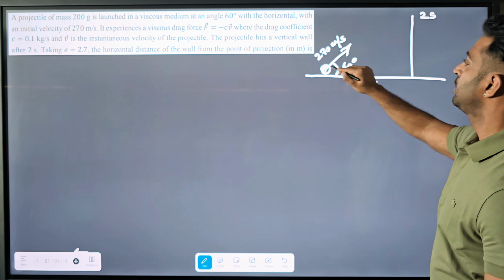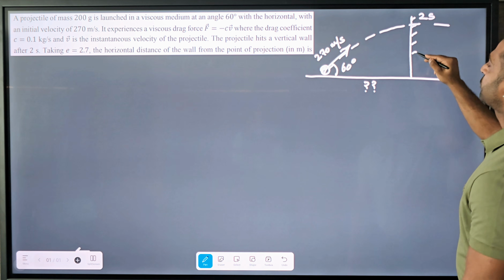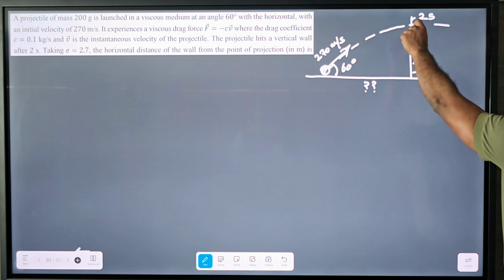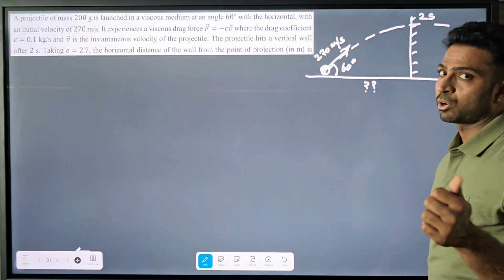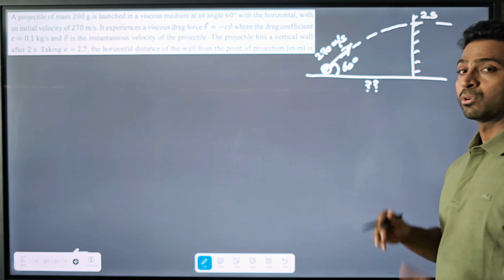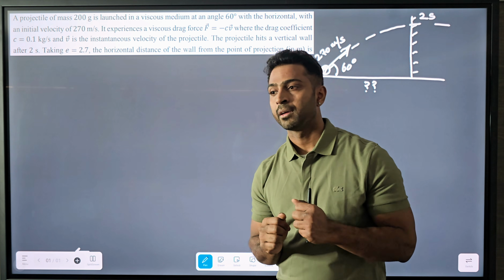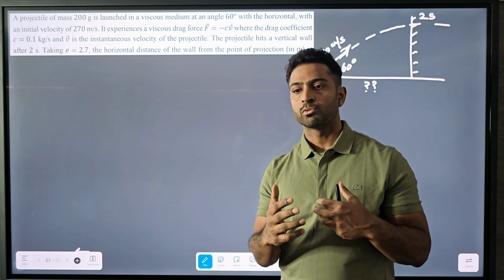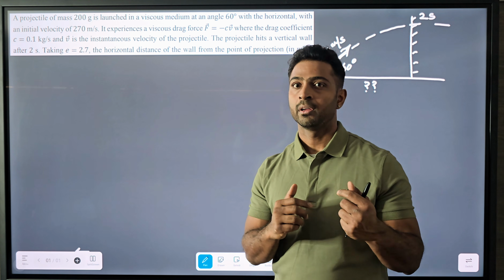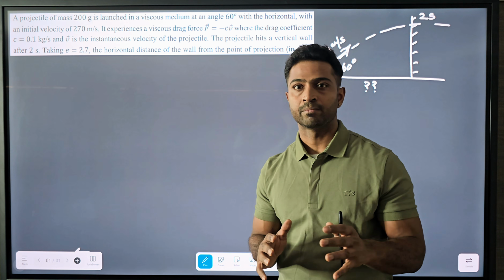So this projectile is moving in the air. It hits this vertical wall after 2 seconds. Mind you, this point is not the highest point of the projectile, and we are asked to find this distance. Normally, when we have projectile motion with drag, finding the equation of trajectory is a lengthy process, and if you try that, it will waste a lot of your time.